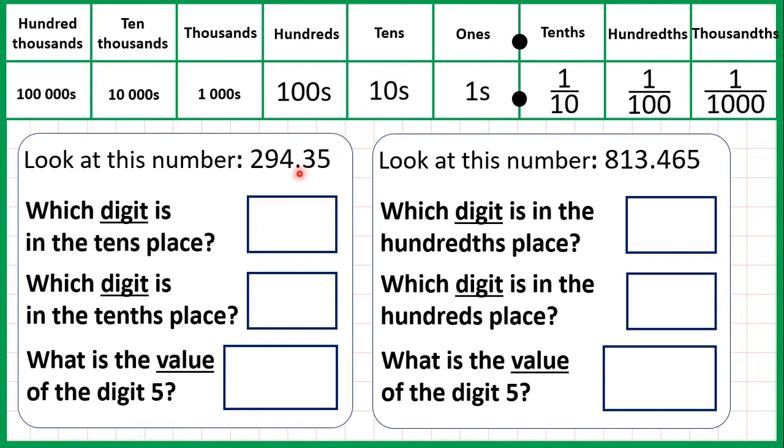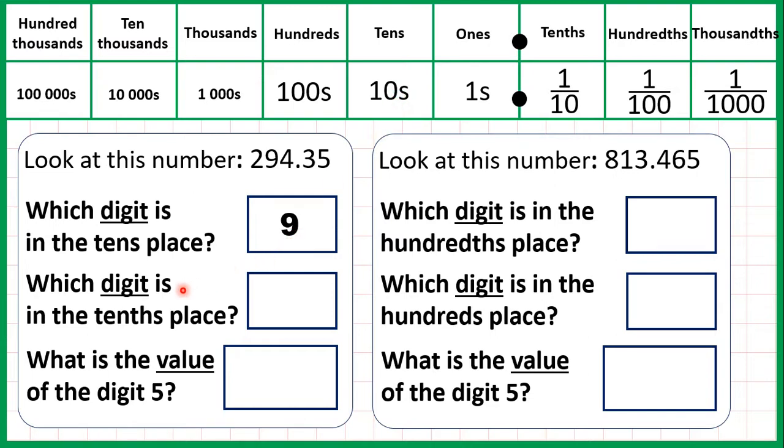But we have a decimal point in our number, so we can find the digit that's 2 places to the left of the decimal point. That's this 9, so our digit in the tens place is a 9. Notice we have the decimal point, then 2 to the left, we have our tens digit.